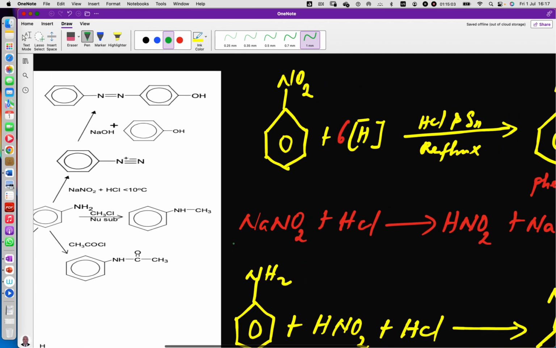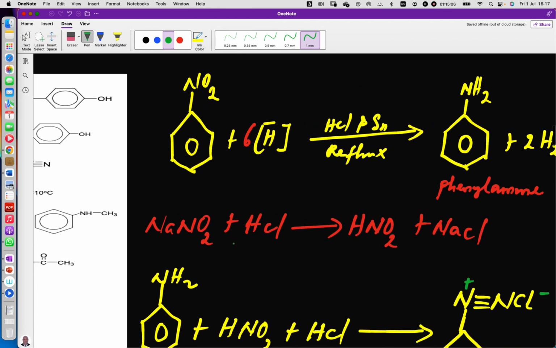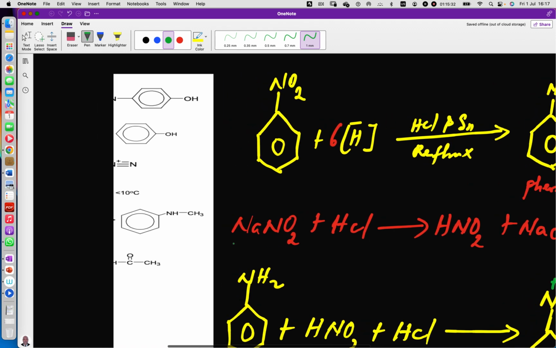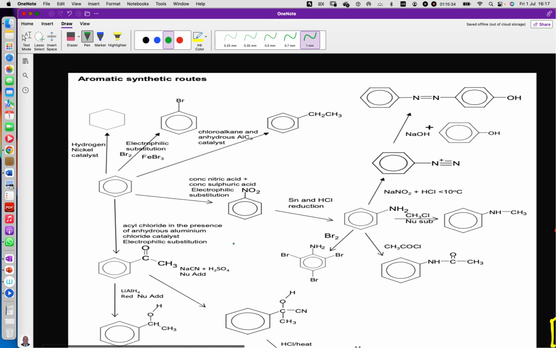And I also said that phenylamine can be formed by reacting nitrobenzene with tin and concentrated sulfuric acid, and this is by reduction. This reaction mixture is heated in a reflux system. That was what I also mentioned.